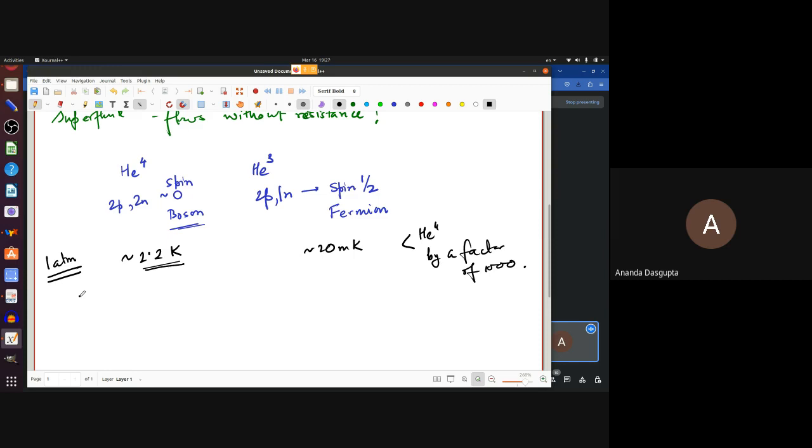But what is it about this that prevents hydrogen from going into a superfluid state? Think of the temperature, the kind of temperature you need. What would happen to hydrogen at that kind of temperature, around 2.2 Kelvin, or even around 4 or 5 Kelvin? What state will it be in?